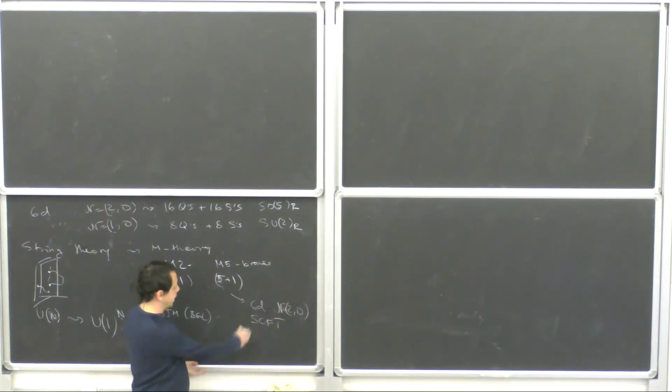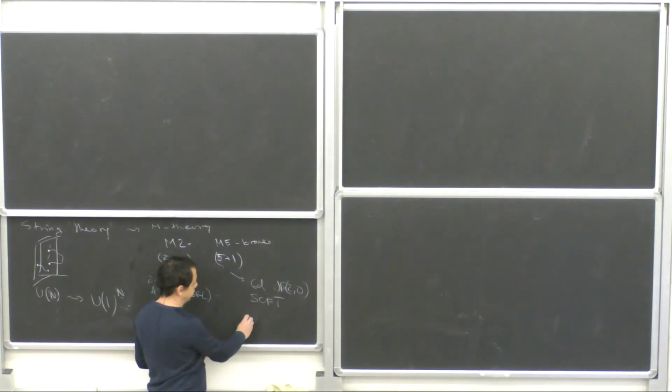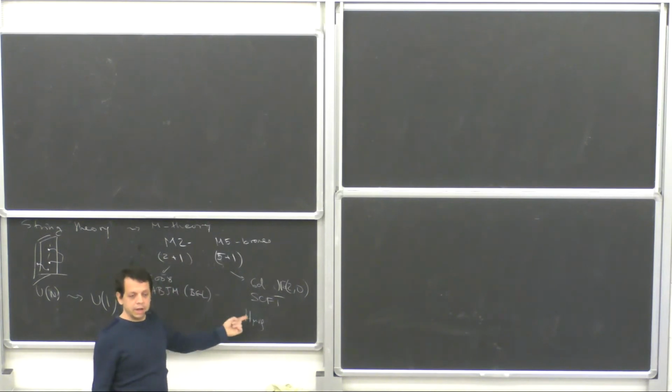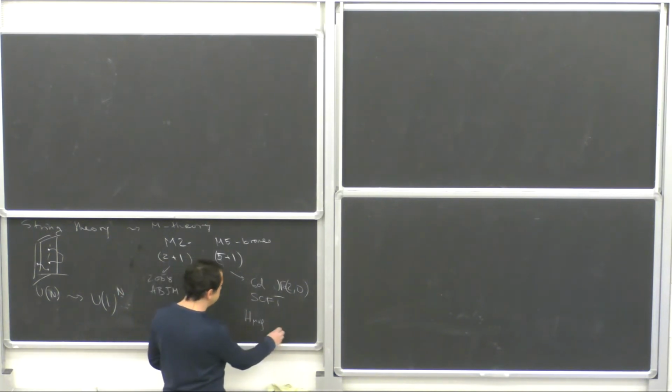So one thing that we know happens is that there is a non-trivial three-form in the game. When I have one M5 brane, I can analyze the details here, and there is a three-form that obeys something like this.